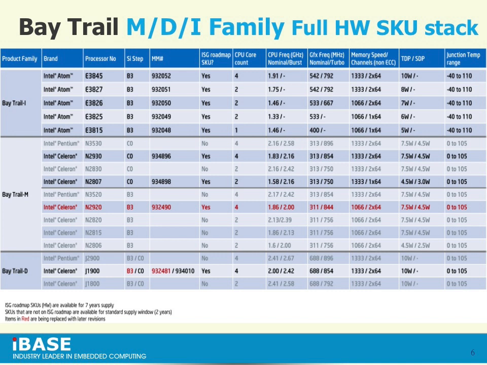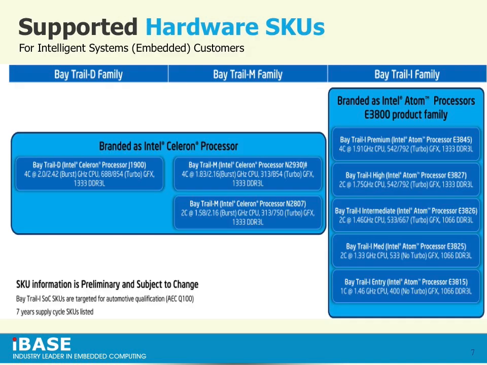So the IBASE IB897 motherboard is choosing the Bay Trail-I SKUs, which means that our boards can also be operated in the range from -40 up to 85 degrees C. This is what we promise because the Bay Trail itself is guaranteed the junction temperature range from this kind of range.